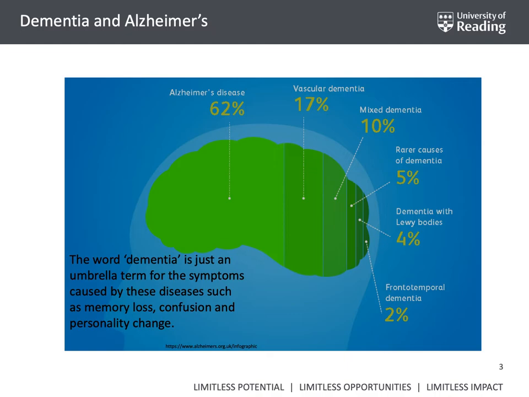The reason you've all probably heard about Alzheimer's disease is that about two thirds of people living with dementia have an Alzheimer's diagnosis. So it's the most prevalent form, but when we talk about dementia, we're talking about symptoms and a range of disorders. So don't get them confused.